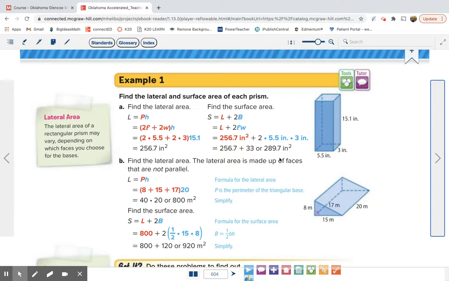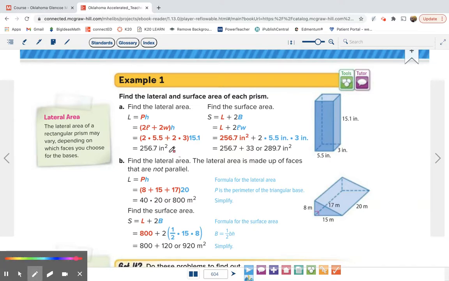Then we have times the height of the whole figure. So this number that we found is just the lateral area. So that's one answer. Now, the reason it's helpful to go ahead and do that is to find the surface area. If you notice this capital L, that's the answer we just found. So the surface area is L plus 2 big B. We already have our L, it's this previous number, plus big B, which means the area of the base.